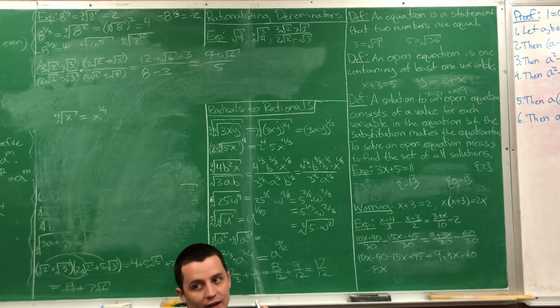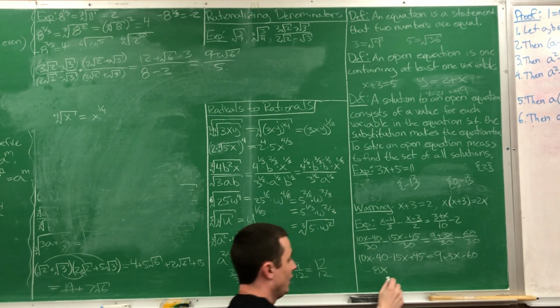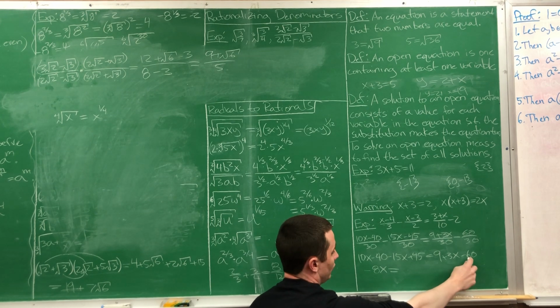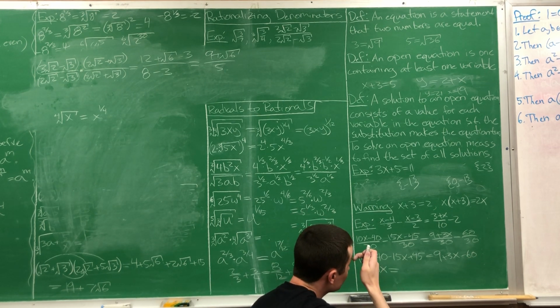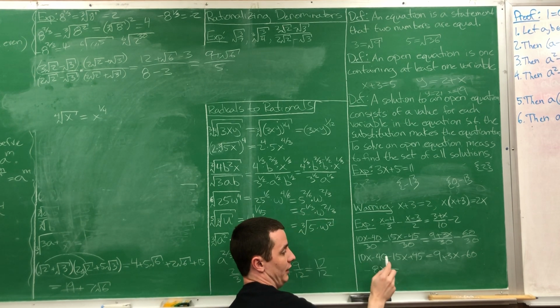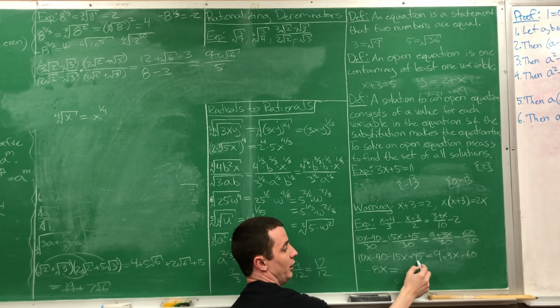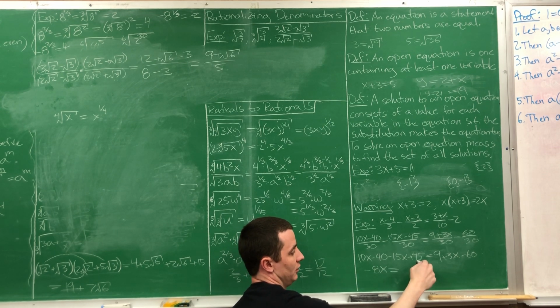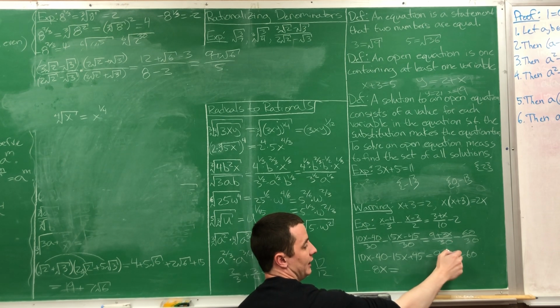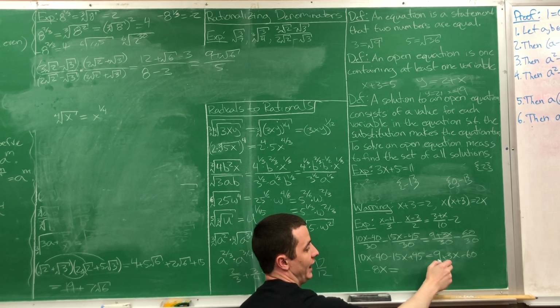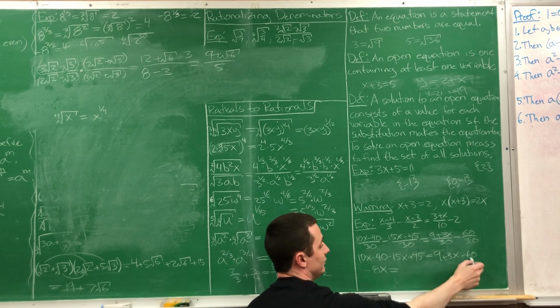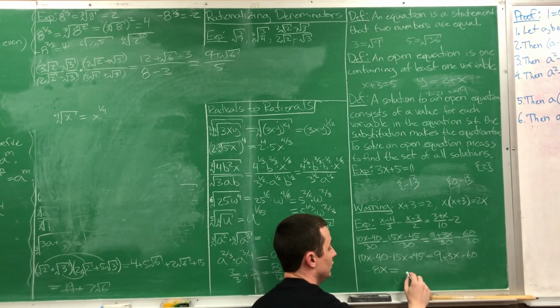That's all our x's. Now we're putting all our constants over here. We have negative 40 plus 45, which gives us 5. When I move it to the other side, it's now negative 5. Negative 5 plus 9 is 4, minus 60 is negative 56.